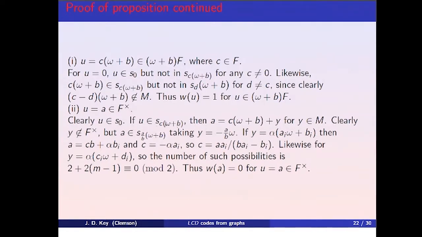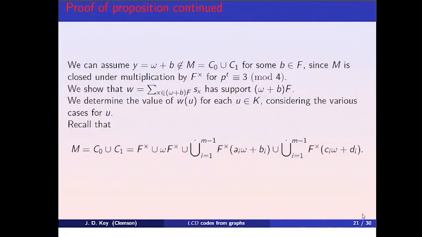Now here, if it's in it, then you know this thing A must be this element C omega plus B plus some Y. This is not the same Y as before, for some Y in M. I should have changed that notation really. But anyway, then just arguing where Y can be. So now you look at M. Let me just go back.